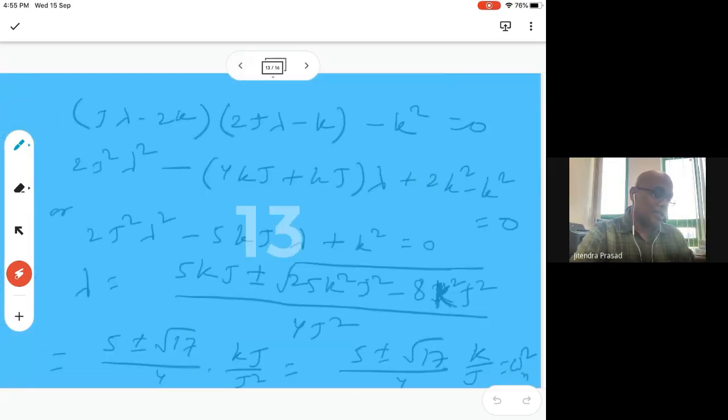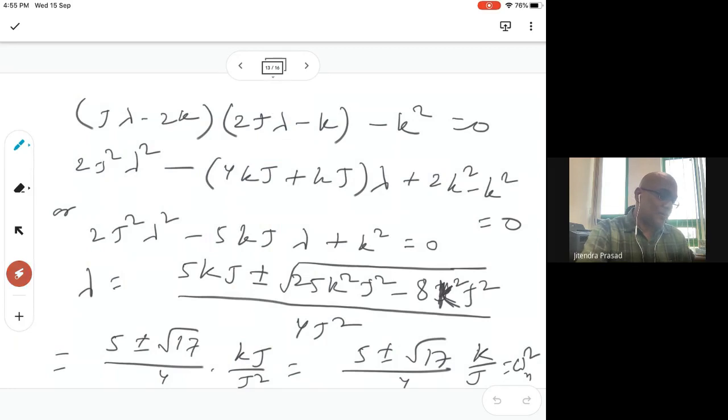That's what I'm trying to explain. See here, you get lambda, and you know that lambda equals omega n square, and lambda is equal to this value you get. Now you see here, one is 5 plus minus root 17 over 4. One is plus, one is minus. Clearly, one is a small number.